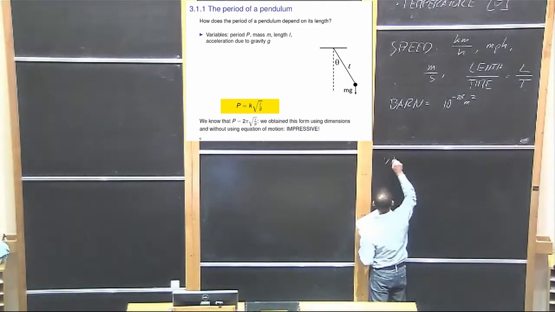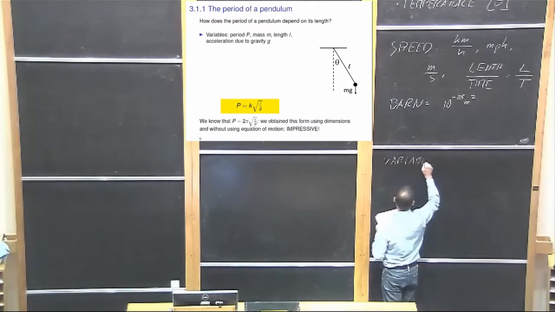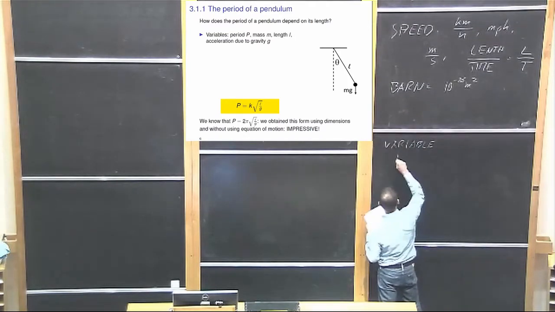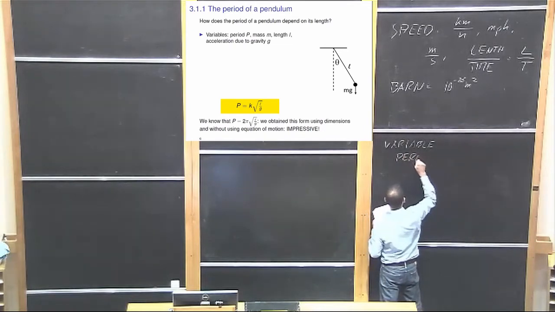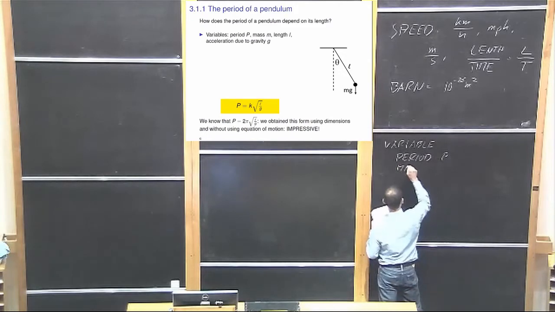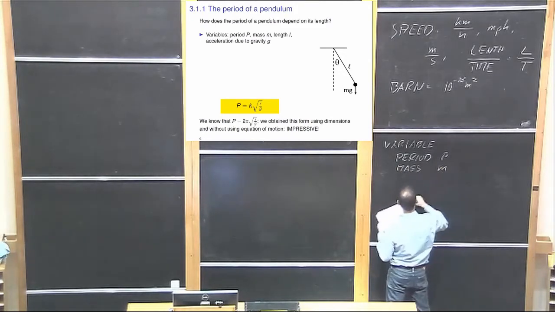So if you look at that, we have a couple of variables we can use. That's a period P. The mass m of this dot mass at the end of the pendulum.